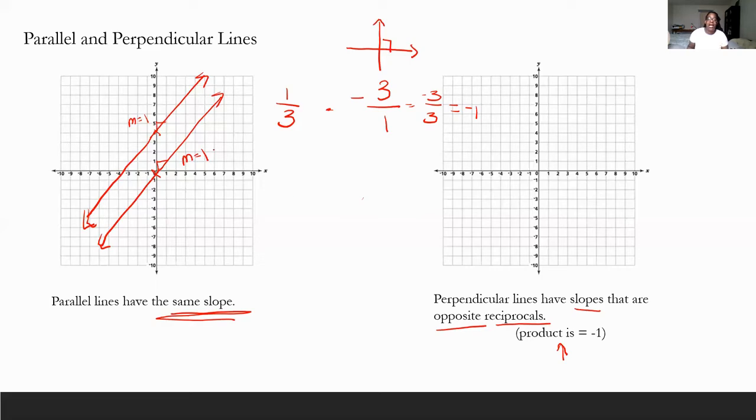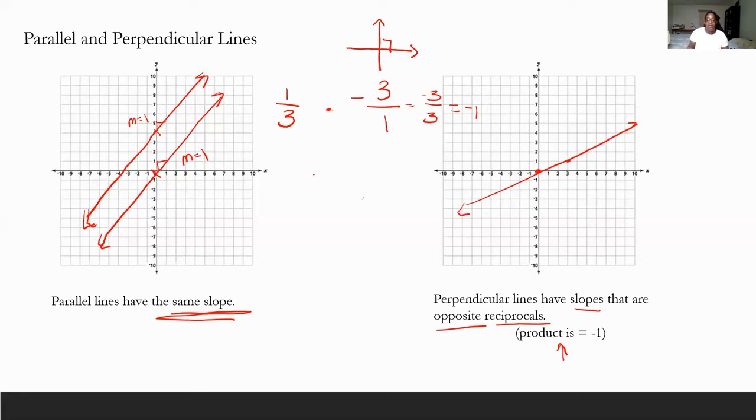So if I wanted to have a slope of 1/3, say I start at the origin, I'll go up 1 and over 3. So that means my first point should be here. So this would be my line for that one.